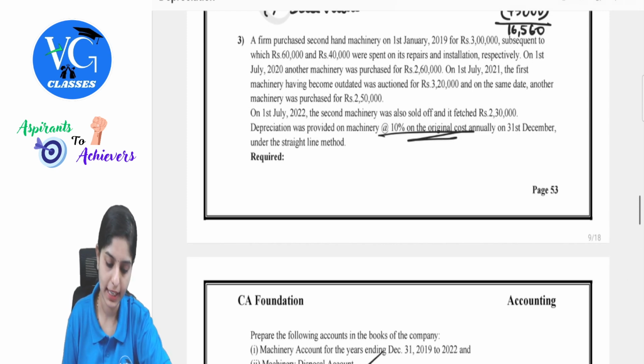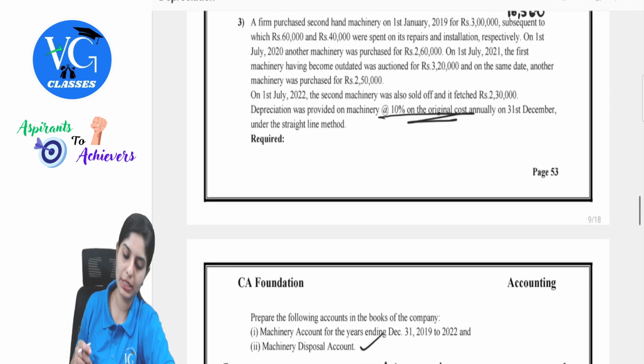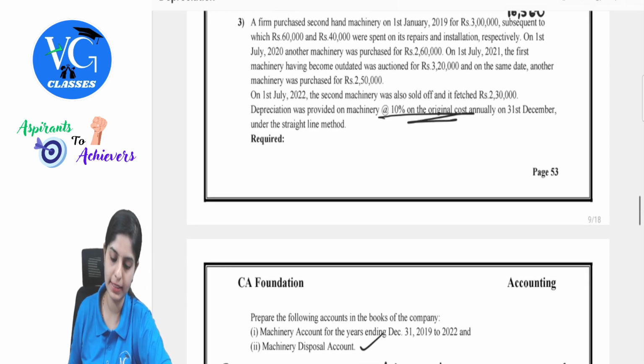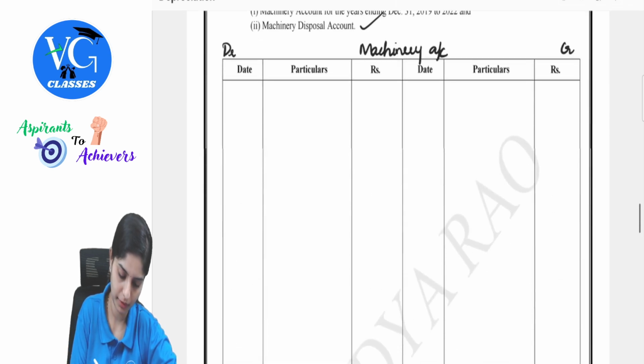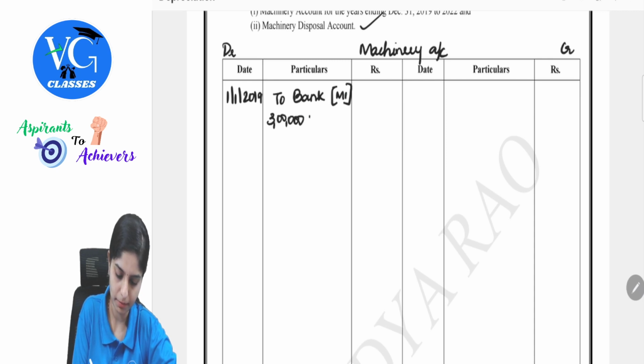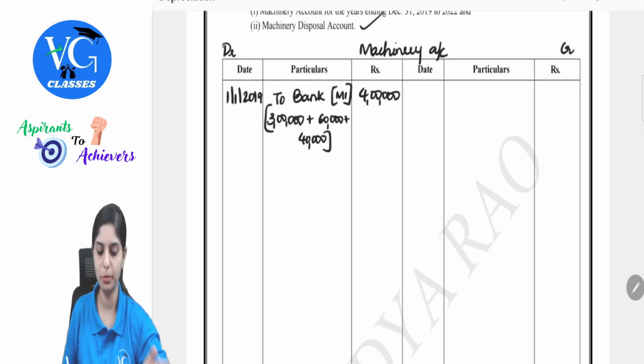A firm purchased second-hand machinery on 1st Jan 2019, subsequent to which 60 and 40 were spent on repairs and installation. To bank, 3 lakh plus 60,000 plus 40,000. This will be 4 lakh.